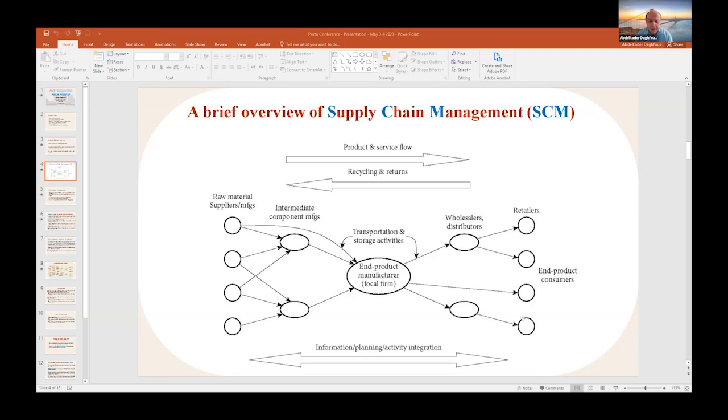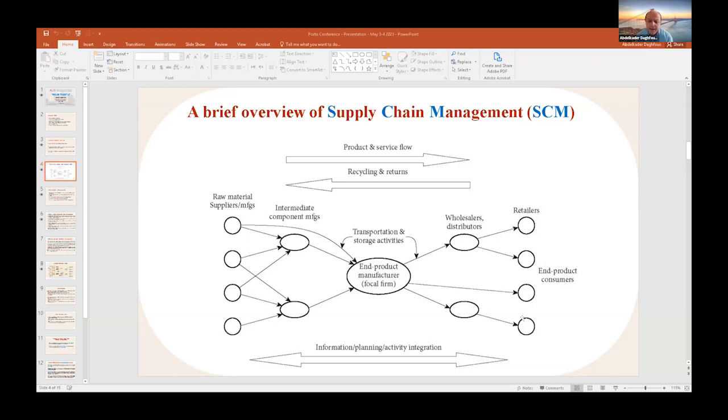So the main company, like a car company or a clothing company or airplane manufacturing company, is the company that is making the final product. And they have suppliers of raw materials, which supply the raw materials to the component manufacturer, and then to the main manufacturer.